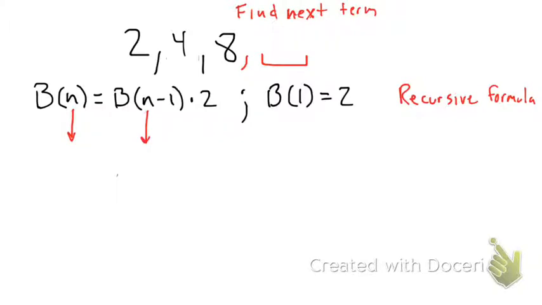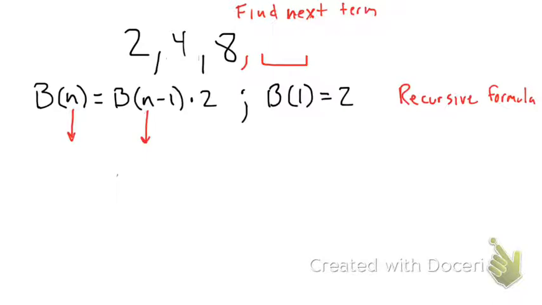The letter N in this case could be exchanged with X, T, D, or any letter. Just think of it as your input. So the input we have here for our function B is N. What does this variable stand for?